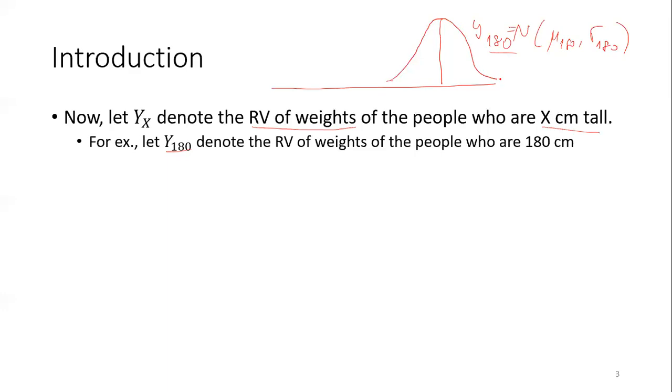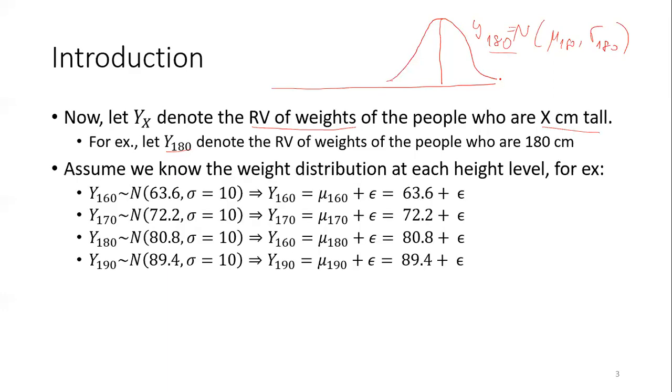Similarly, let me write the random variables associated with these heights. Let's say y sub 160 is the random variable that denotes the weight of people who are 160 centimeters tall. Let's say this is normally distributed with 63.6 kilos and 10 kilograms standard deviation.